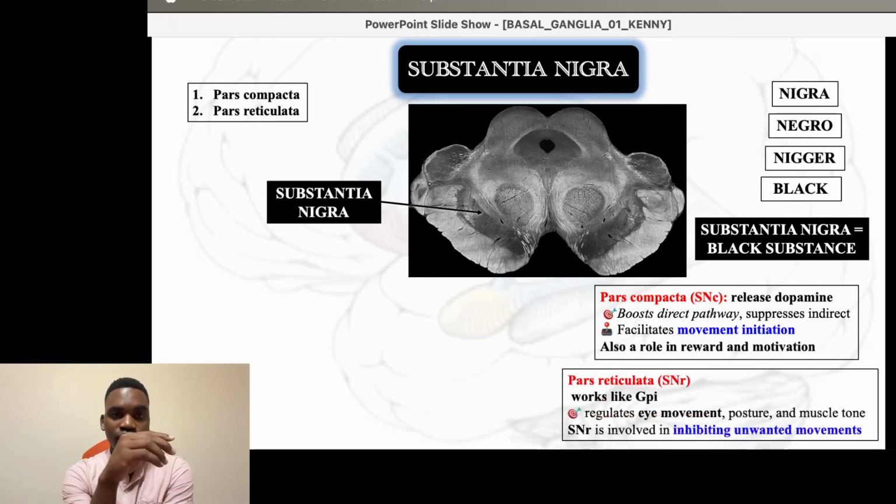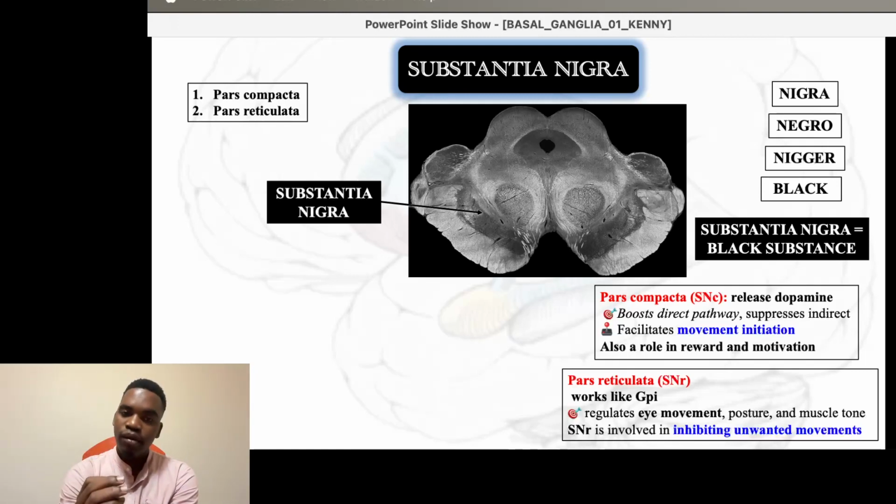Remember, I've just told you that the internal segment of the globus pallidus is an important output gate from the basal ganglia system. As you move out from the basal ganglia system, the internal segment of the globus pallidus was one of the most important output gates. So this applies to the pars reticulata of the substantia nigra.